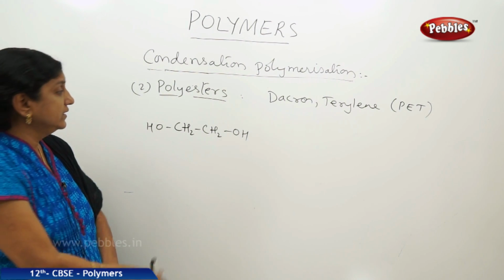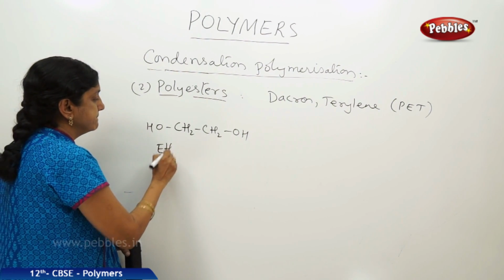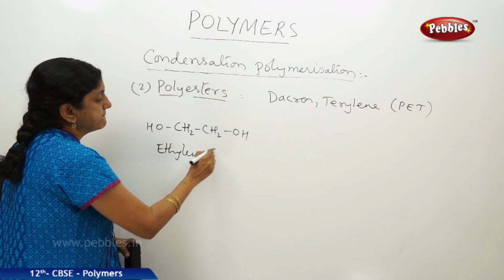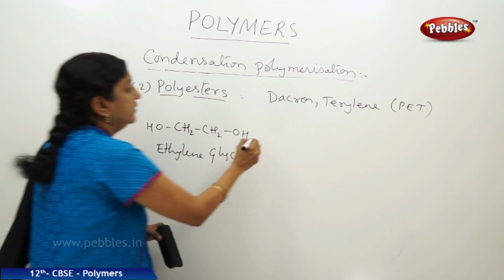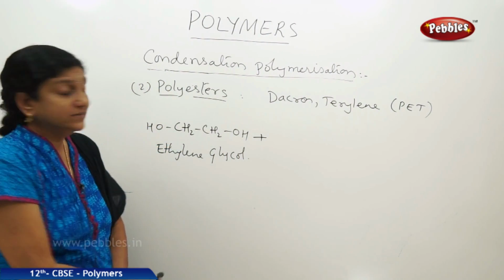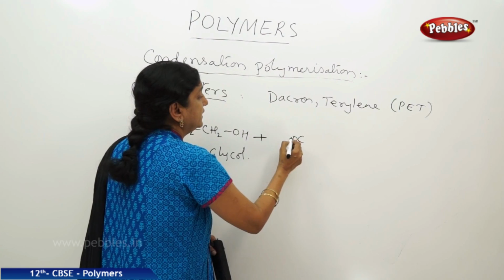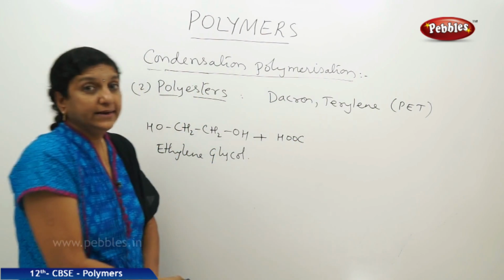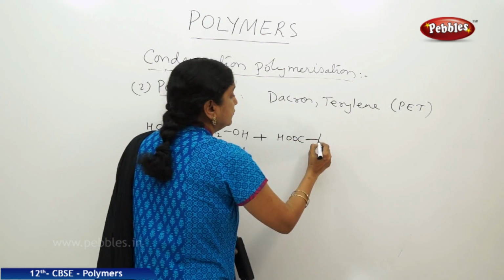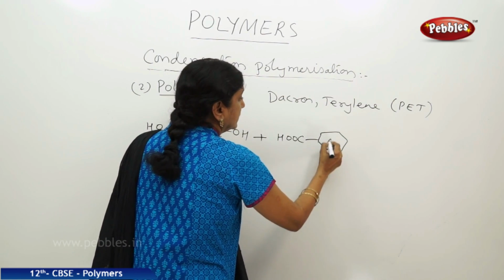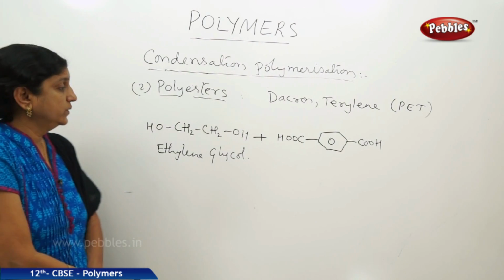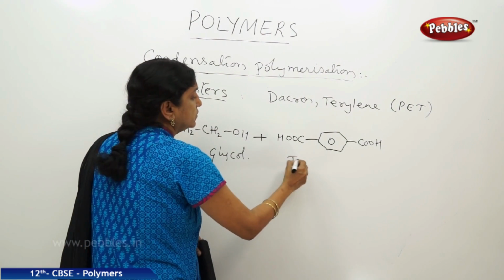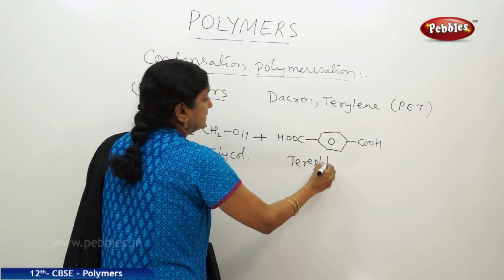So, ethylene glycol, and terephthalic acid, it is a dicarboxylic acid. Terephthalic acid has a phenyl group attached, and on the other end you have a COOH group. This particular monomer is called terephthalic acid.